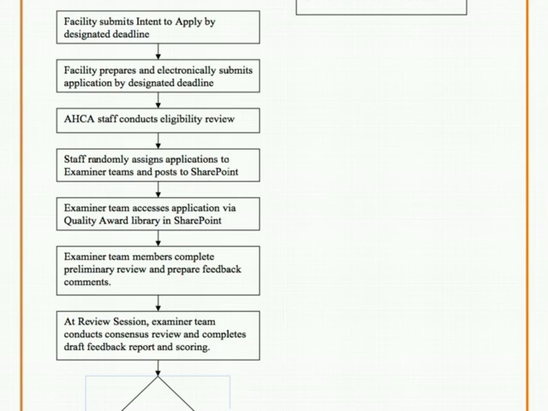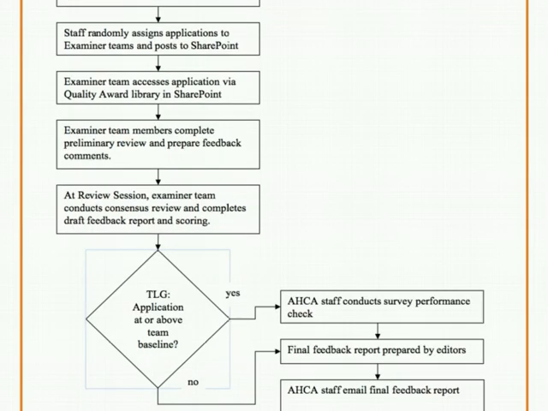Examiner teams then access their applications via the Quality Award Library in SharePoint and begin their individual review. Through individual work and a series of conference calls between their team members, examiners complete their preliminary review of each application and prepare feedback comments to bring to the review session. As we gather at the review session, examiner teams then conduct consensus review and complete the draft feedback report and scoring as a team.